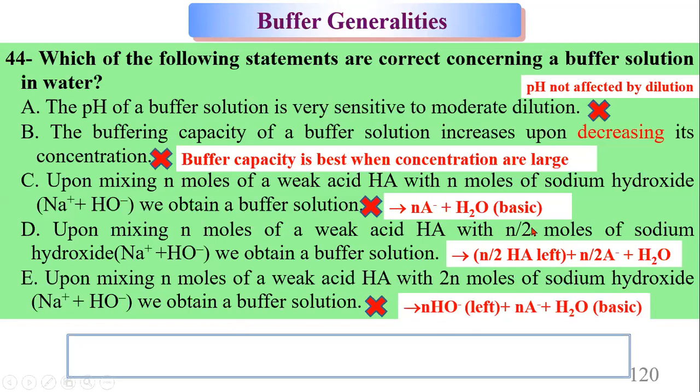And you're going to see a lot more of these types when we get to titrations, and titration is going to be so easy for you after all this. So of course E is incorrect. So my only correct answer is D.